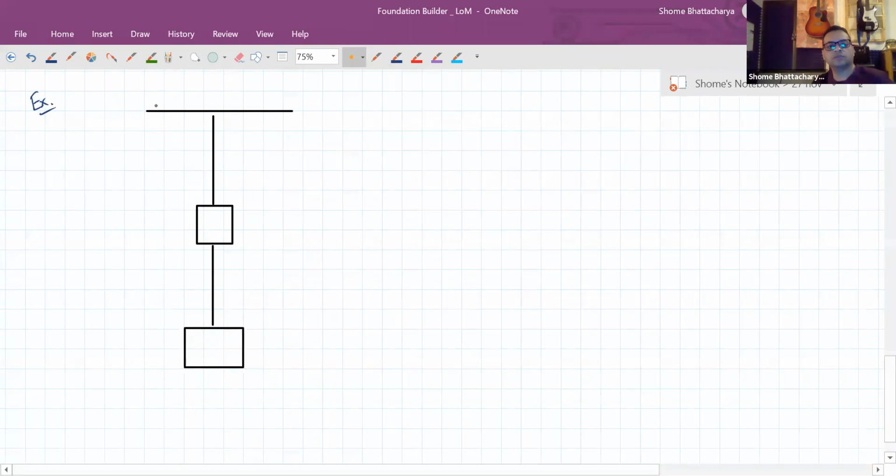We have a combination of two blocks which are vertically hung.